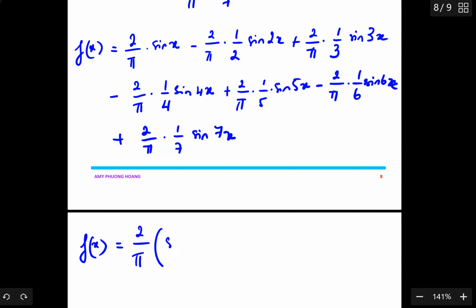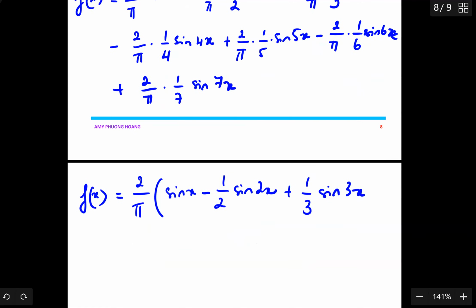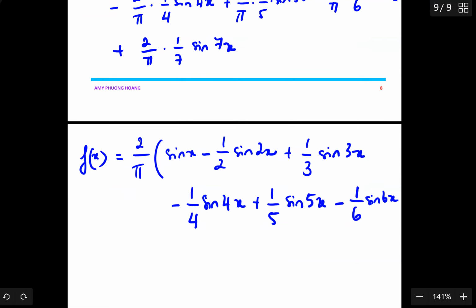I should have sine x left, subtract a half of sine 2x plus 1/3 sine 3x, and then I subtract that with 1 over 4 sine of 4x plus 1 over 5 sine of 5x, subtract 1 over 6 sine of 6x, and then I add that with 1 over 7 sine of 7x.